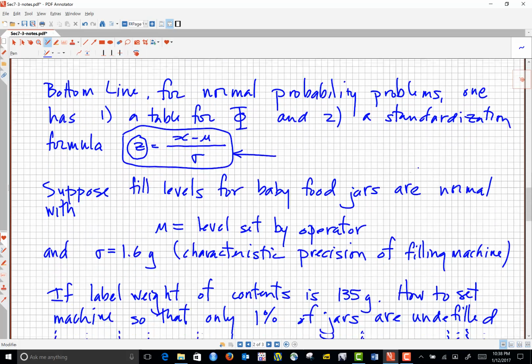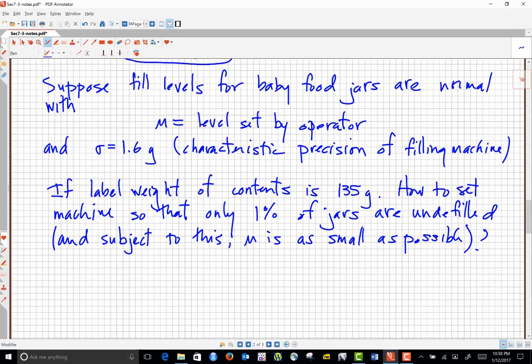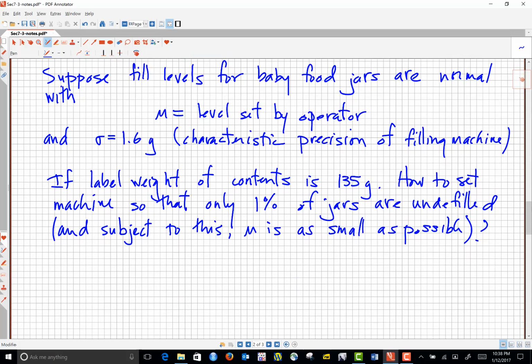As an example of this, here is a little halfway realistic production example. You think of a filling scenario where you're trying to fill jars, and you can set some mean level by how an operator sets up a piece of filling equipment.